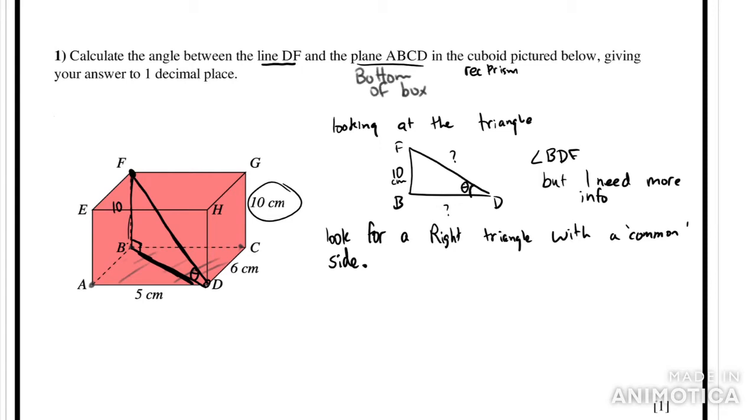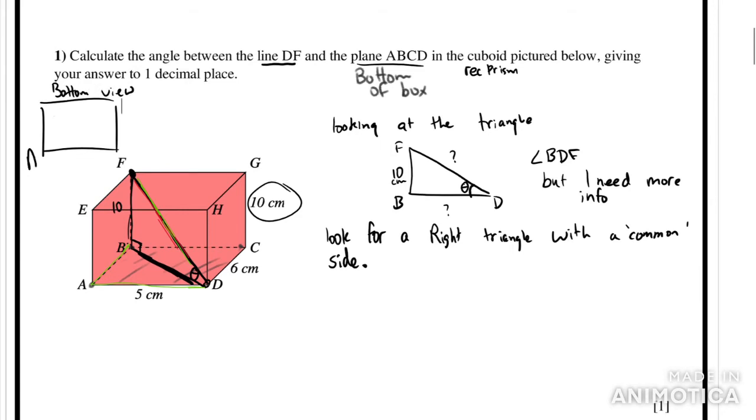One of the ones I want to avoid is this line that's going through the middle. The reason why I'm saying to avoid it is because it cuts through the middle of the box. It's not really close to any of the edges. So I want ones that line up with the edges decently. So what I'm actually going to pick, and you'll see why in a second, is A to B and A to D. If I look at the bottom, this is a bottom view.